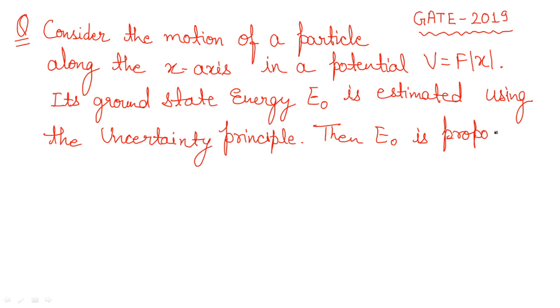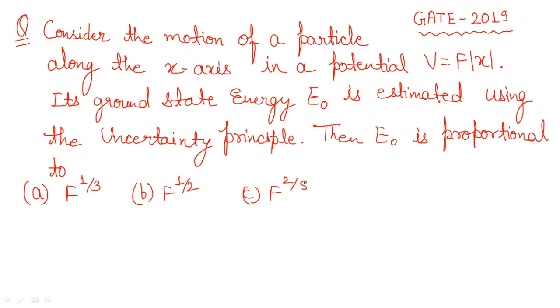I will talk about all the important points you need to know to solve this question, the trick and everything. Clear? So if you know, you can start solving it. You can try to get the answer. Even have a look at the options first and then you can start solving it. Options are f to the power 1 by 3, f to the power 1 by 2, f to the power 2 by 5, f to the power 2 by 3.